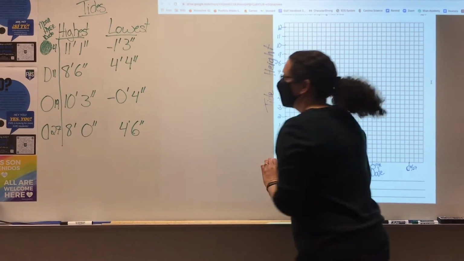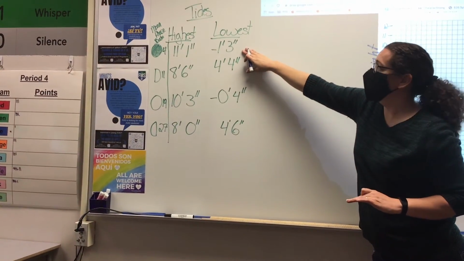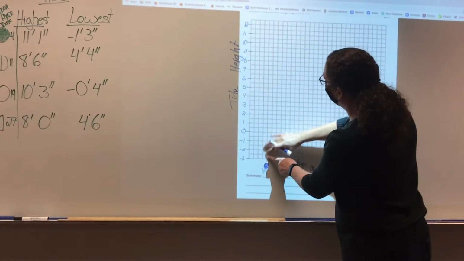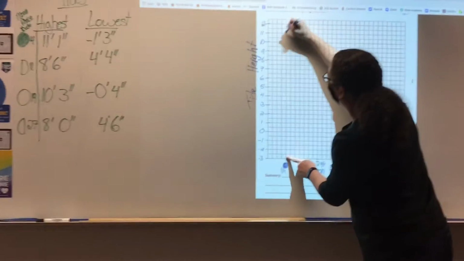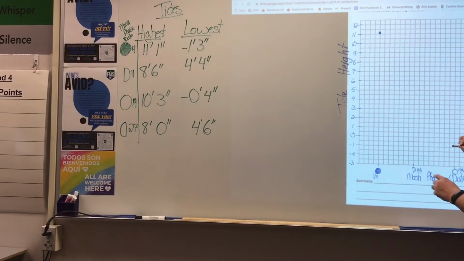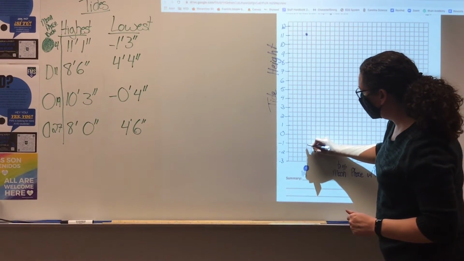All right. So on November 4th, my highest high tide was at 11 feet 1 inch.